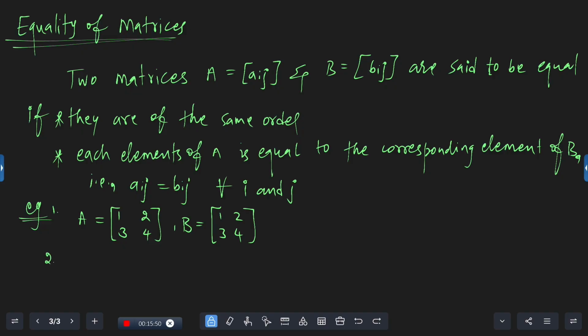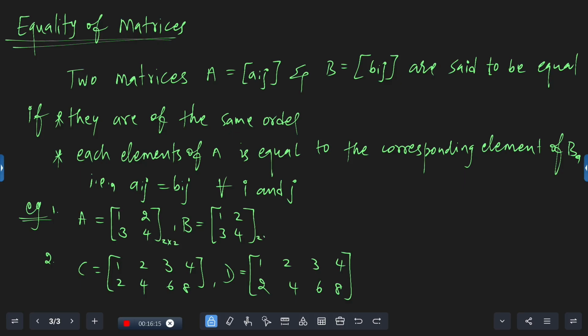Example number 2: C equals 1, 2, 3, 4, 2, 4, 6, 8, and the D matrix also should be the same. So this is called equality of matrix. The order must be the same. Here I used a 2 by 2 matrix, and in the second one I used 2 by 4, that is 2 rows and 4 columns. That's it. Very important thing.